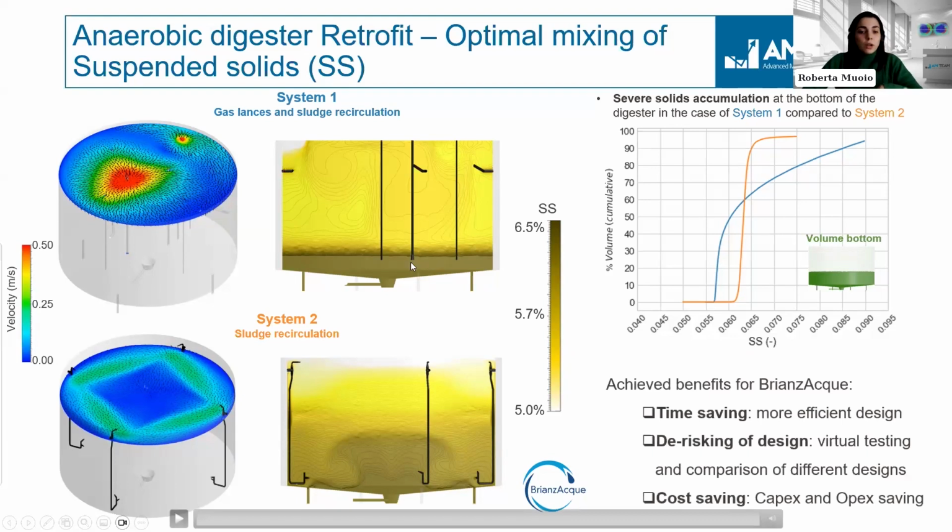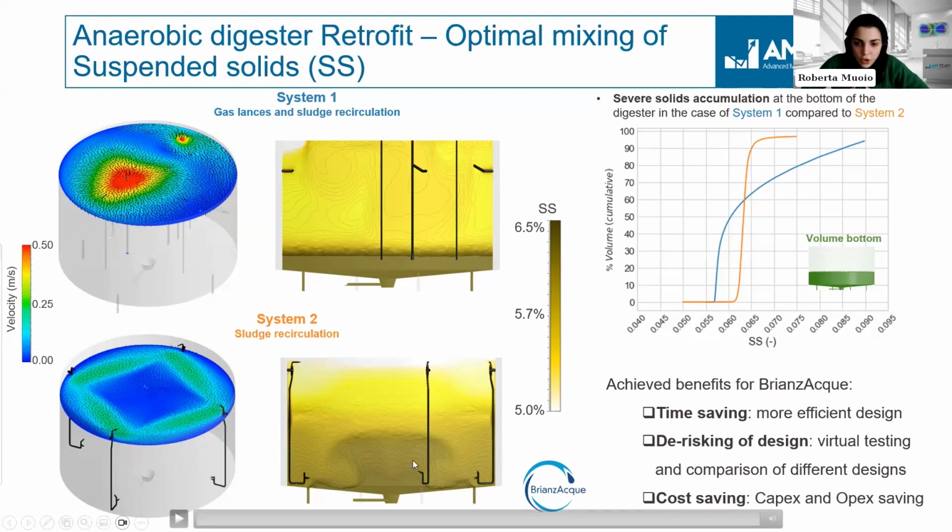And this is what BrianzAcque could also suspect was happening in their digester. There we proved that their feeling was actually correct, and there was a thick sludge layer in the bottom of their digester.